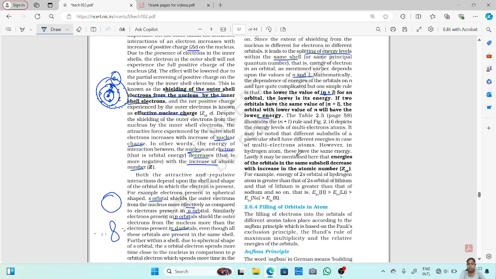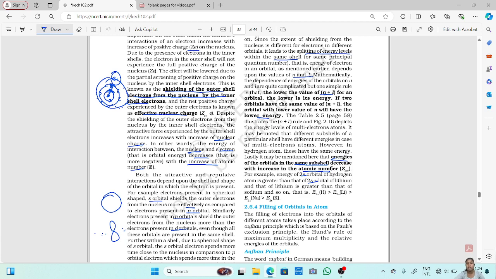Lastly, it may be mentioned here that the energies of the orbitals in the same subshell decrease with increase in the atomic number. For example, the energy of the 2s orbital of hydrogen atom is greater than the 2s orbital of lithium, and that of lithium is greater than that of sodium, and so on.